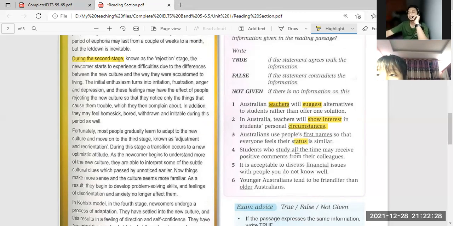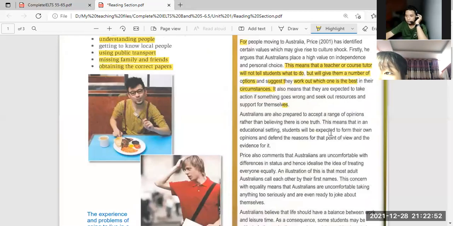You understand? Yes. Okay, what about similar? Do you know the meaning of similar? Yes. Okay, very good. Now, Australians use people's first names so that everyone feels their status is similar. So pay attention to first names. Can you find first names here?